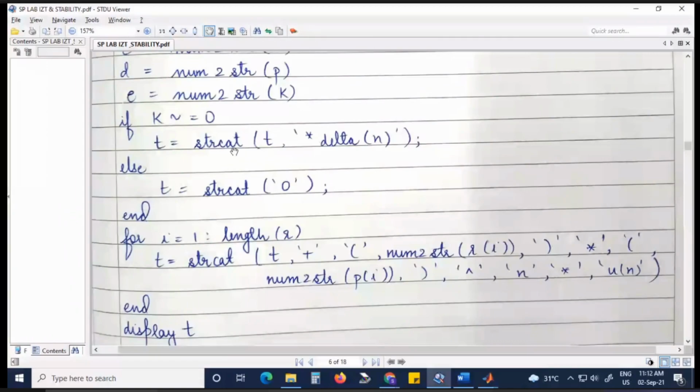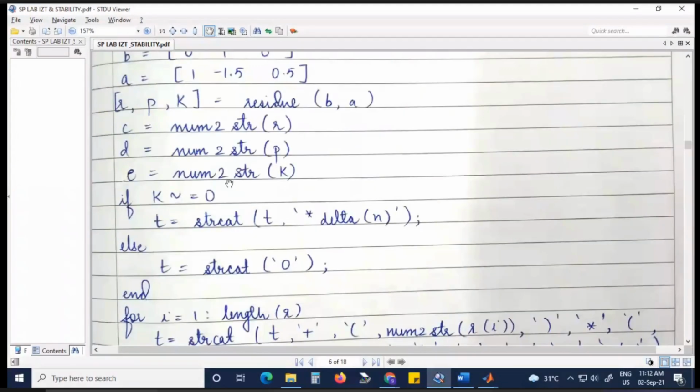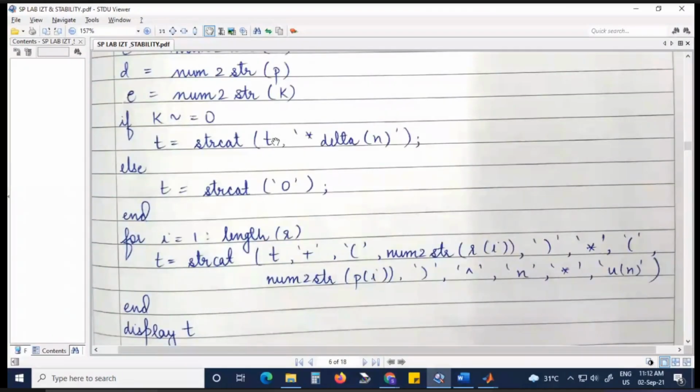Strcat means here delta n, whatever the value is. Here it is k, it should not be t, it is k. Just make the corrections.